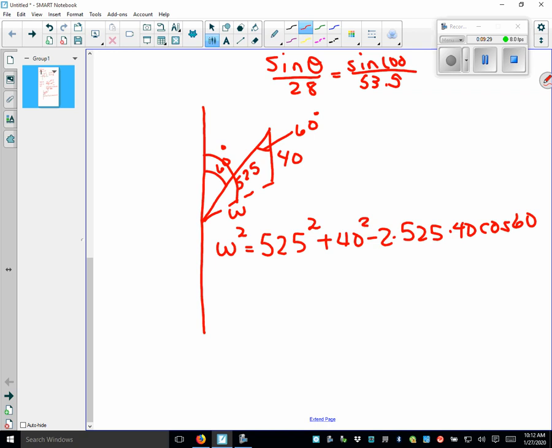Could you not just do cosine of 60? No, it's not on the right triangle. Yes, no? Yes. 506.2 miles per hour.